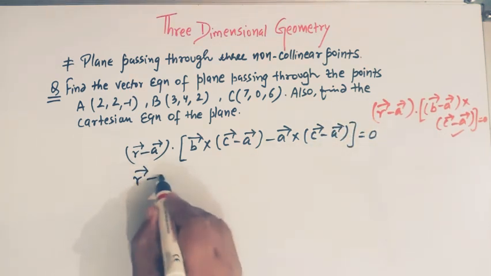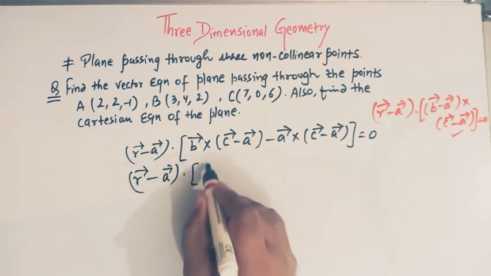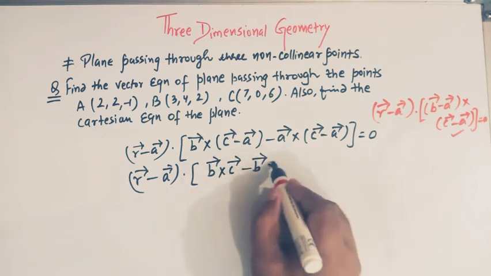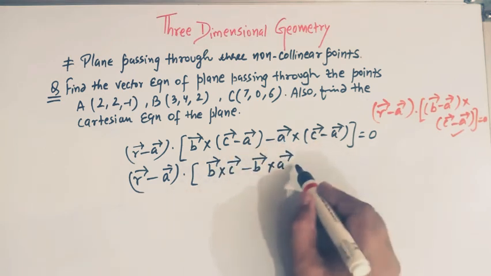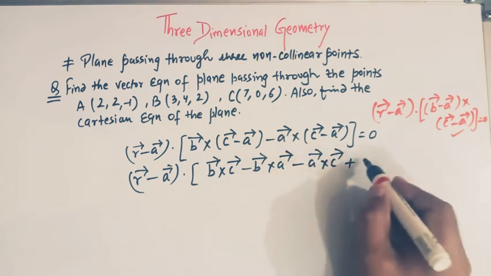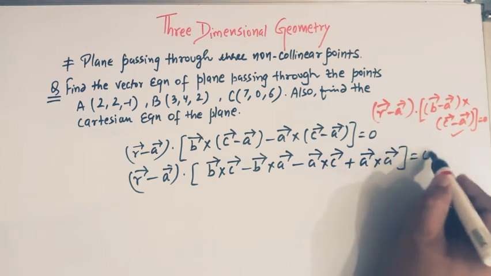Now this is vector R minus vector A dot, this is B cross C, this is minus B cross A, and this is minus A cross C, and this is plus A cross A, right?